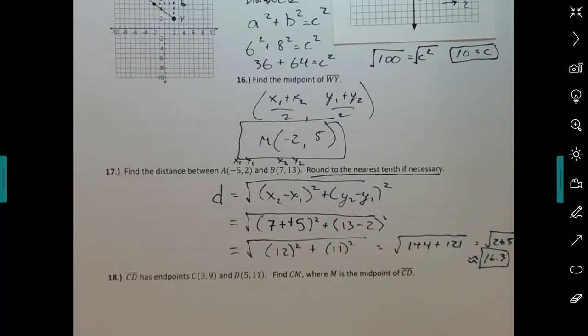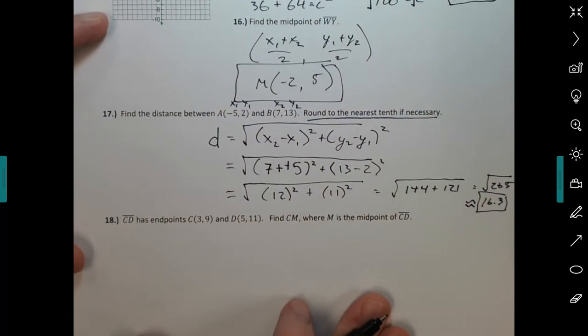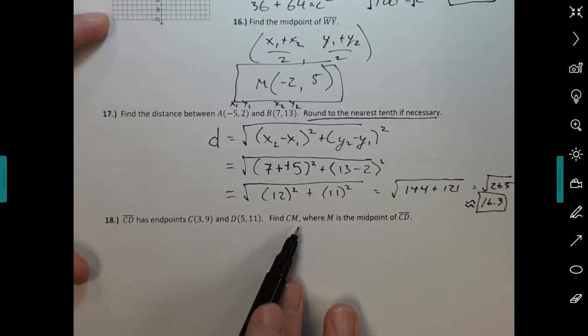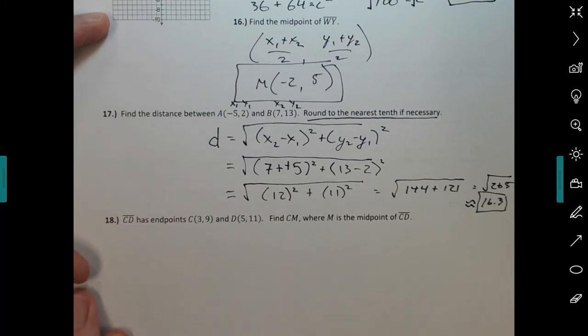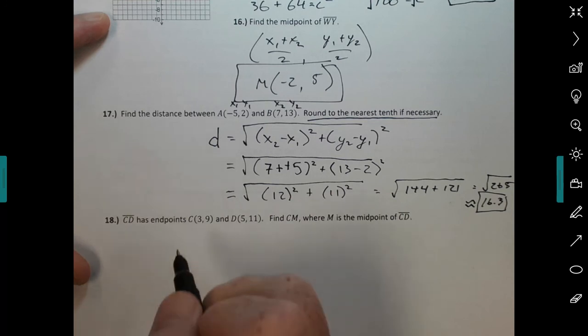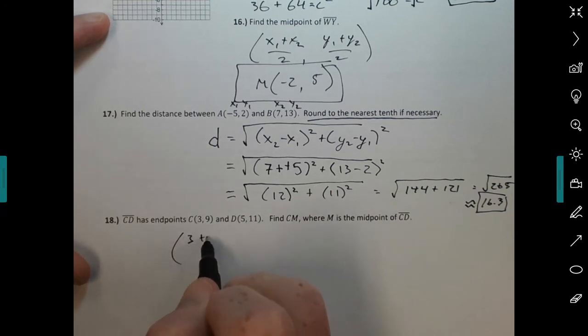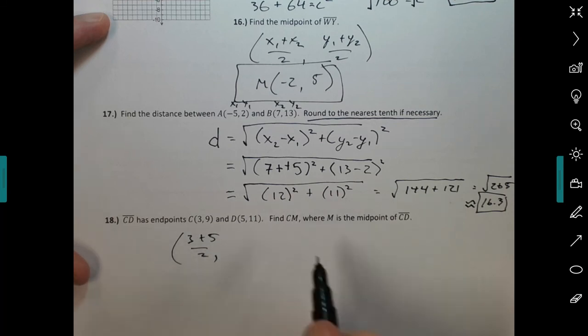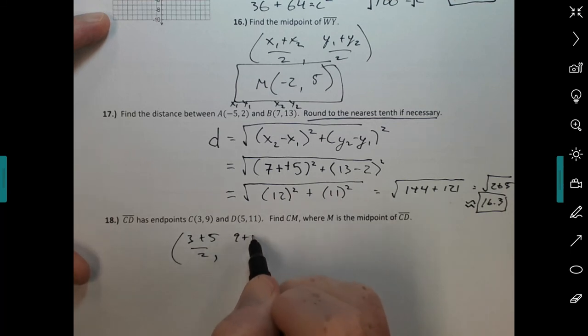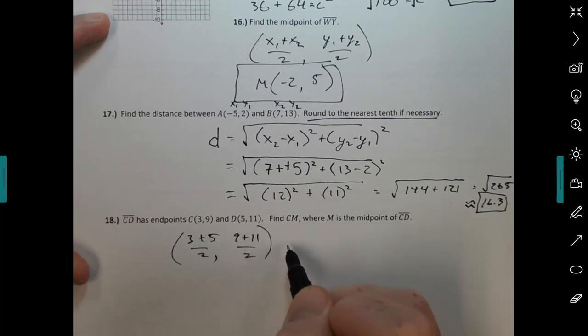Okay. Last problem on this page. CD has these endpoints. Find the measure of CM where M is the midpoint. So I got a couple of steps to go through here. I need to find the midpoint first. Well, I've got the points, and I can just find the average of the x's. I can find the average of the y's.